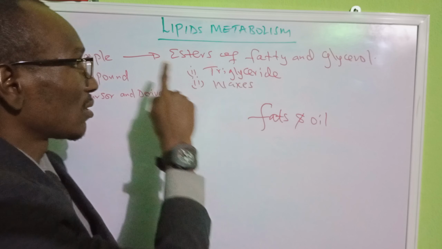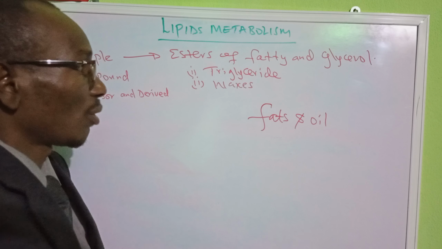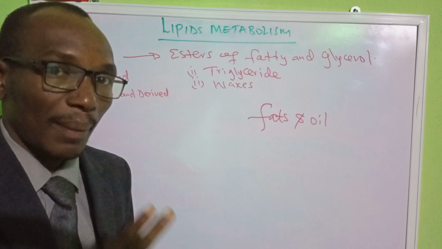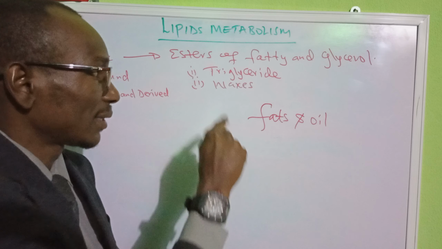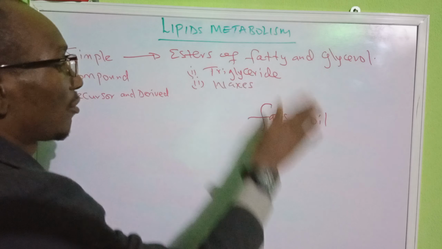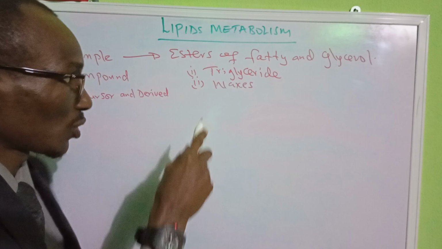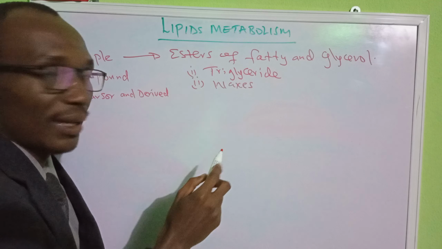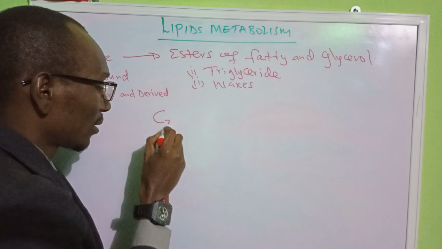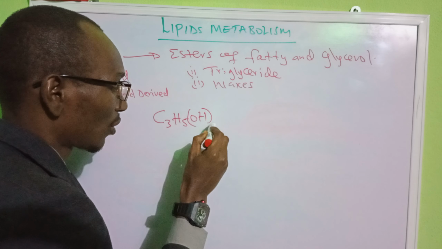Triglyceride is one of the examples of simple lipid that is formed as a result of reactions between glycerol, which is a 3-carbon alkanol, and 3 molecules of fatty acid. For example, let us look at the chemical reaction for the formation of triglyceride as the simple lipid. Consider C3H5 with 3 hydroxyl functional groups.